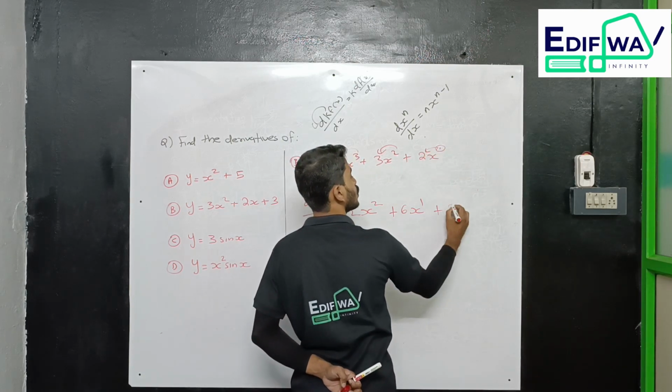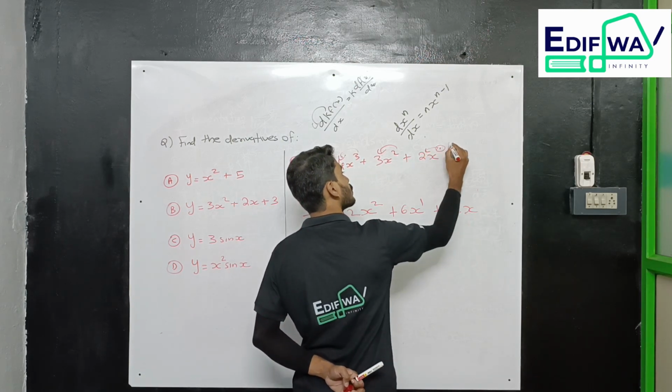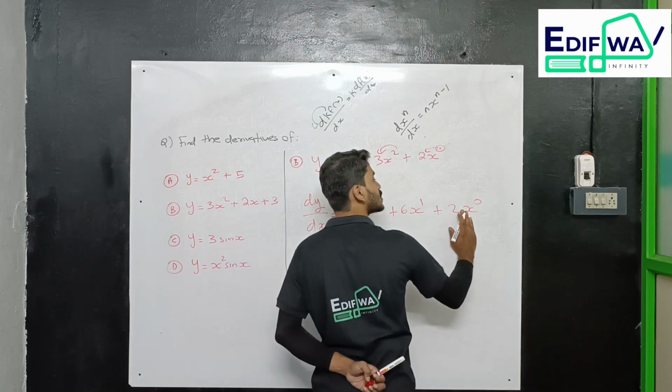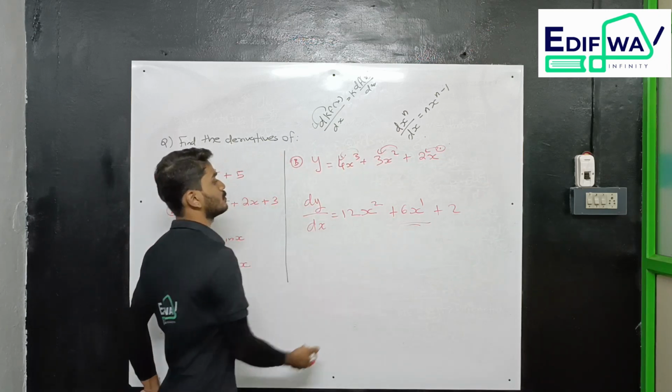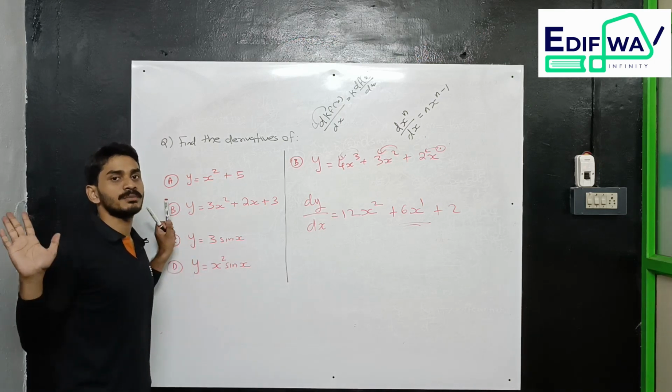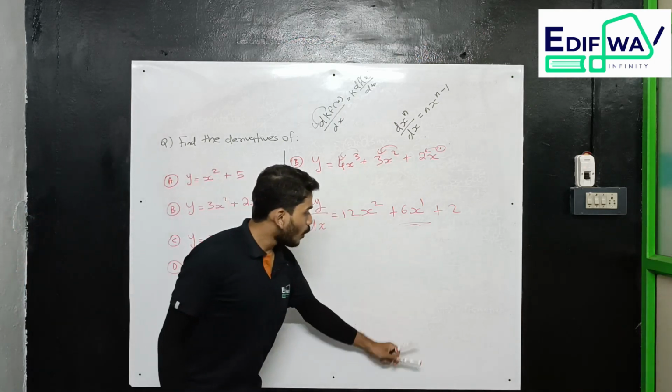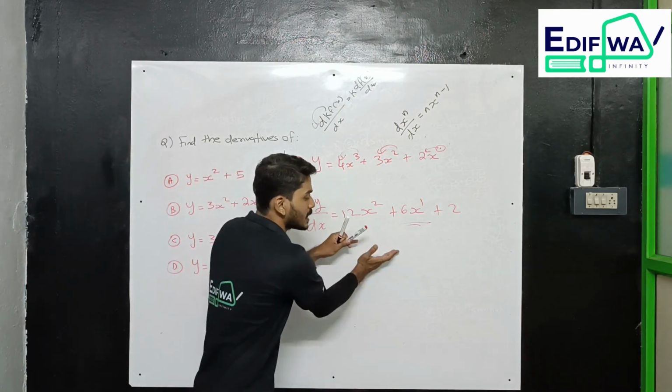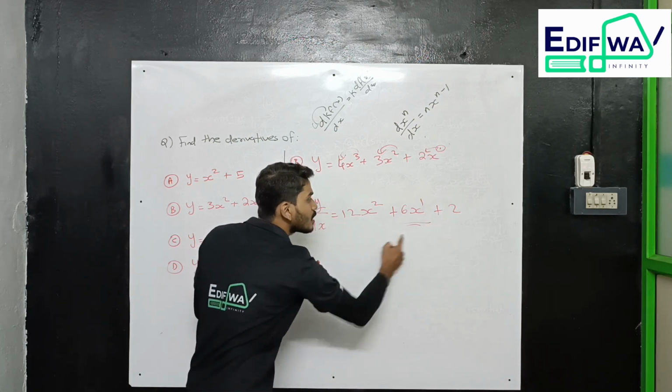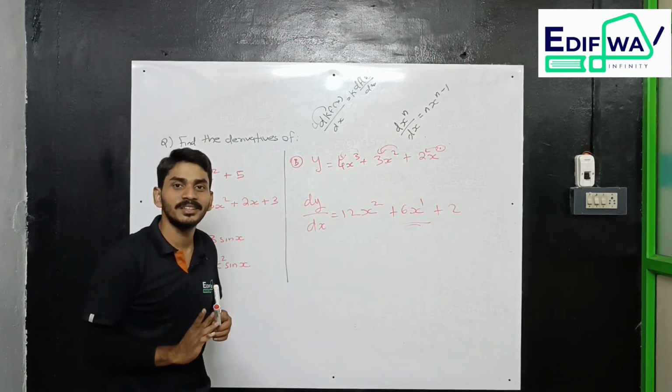So 1 into 2, 2x to the 1 minus 1 is 0, x raised to 0 means 1, so you don't want to write this. Finish. All the 5 steps have been cut into a single step. Did you like this? Okay.